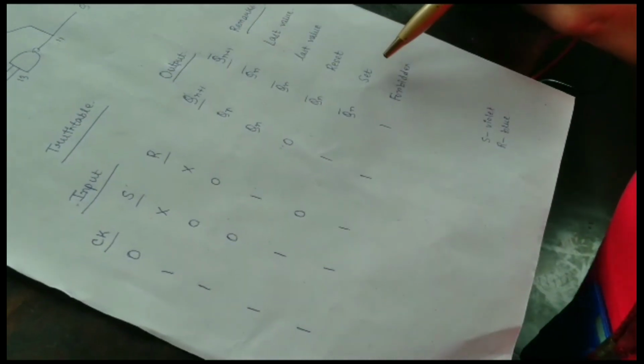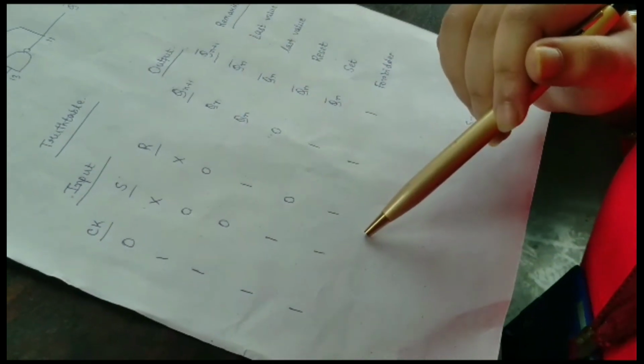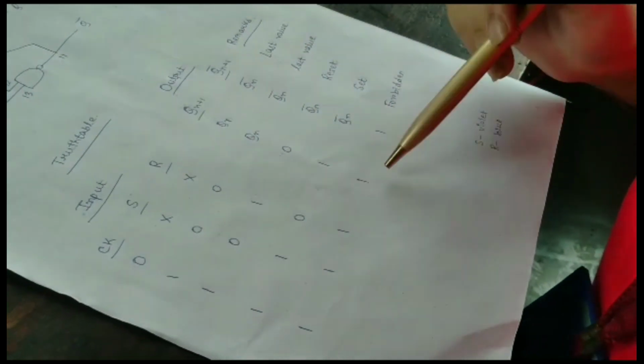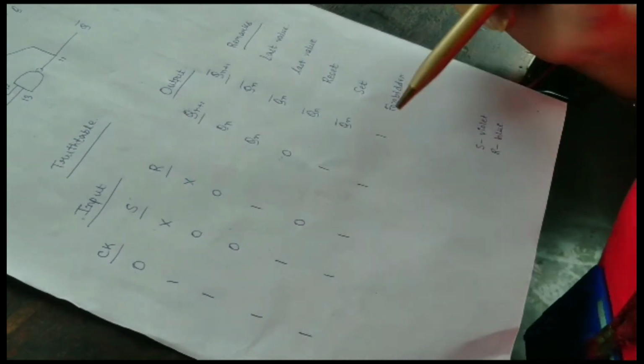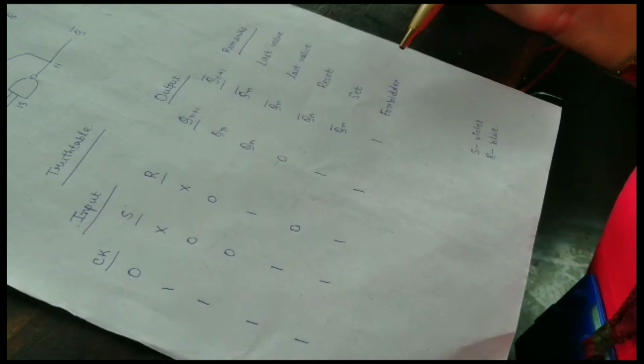So this will give the output as 1 and we will call this as set value. Now I am giving the clock input as 1, S input as 1, R input as 1. So I will get the Q output 1, Q bar output means the complement also 1. So this stage is not possible. That's why this is called forbidden step.